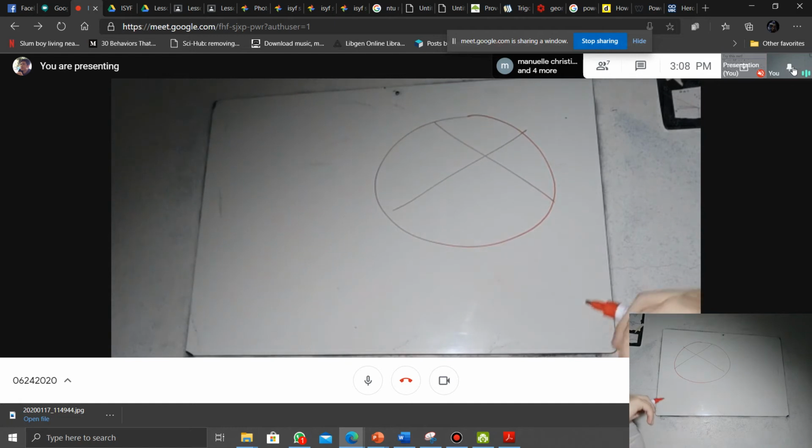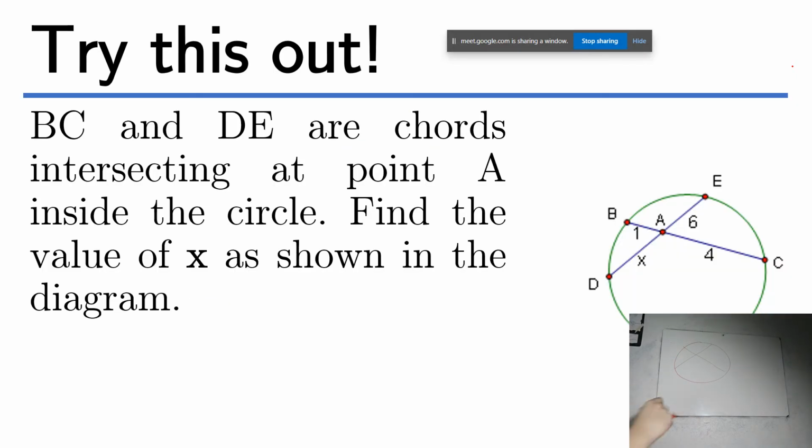Ito raw ay B, D, A, E, C. 1, 4, 6x. May power theorem, 6x equals 1 times 4 equals 4. X equals 2/3. Okay, nakuha niyo naman lahat. Sige, last one.